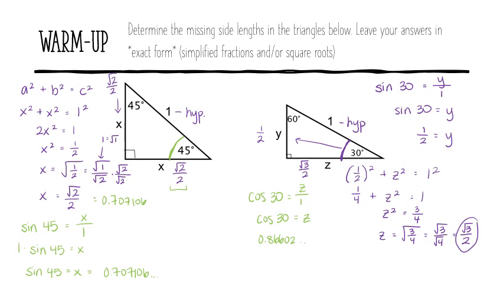Let's check if that's actually the same thing as root 3 over 2. So square root of 3 divided by 2 comes out to be the exact same thing: 0.86602, blah, blah, blah. Same blah, blah, blahs.